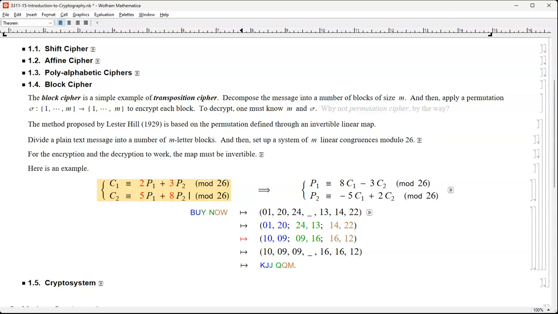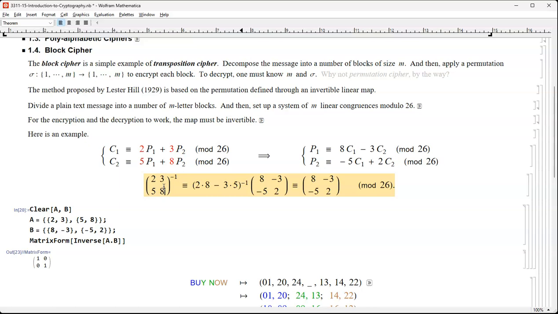That's the encryption key. This matrix. And then for decryption, well, we find that the inverse matrix turns out to be this is the decryption key. 8, -3, -5, 2.